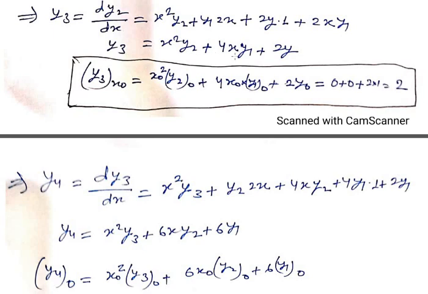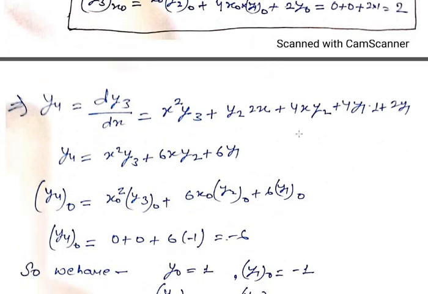Now y3 contains 3 terms. So we have to apply again multiplicative rule of differentiation over here. And after applying multiplicative rule of differentiation and summing up all together, we get y4 as x square y3 plus 6x y2 plus 6 y1.